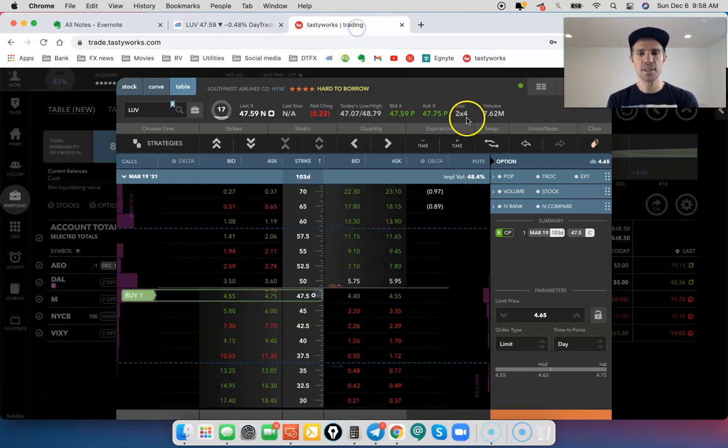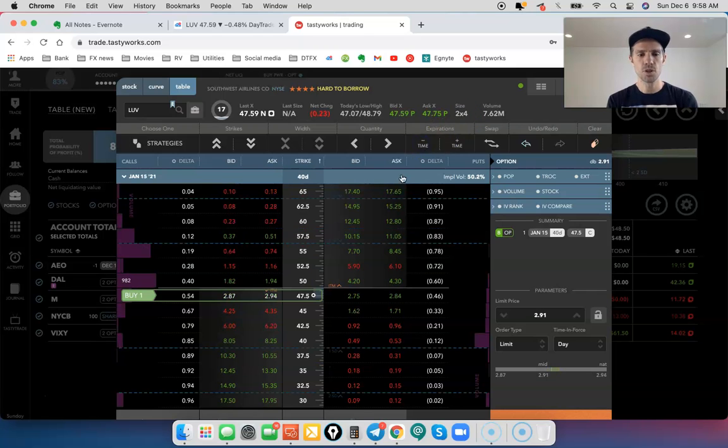Now, what a strike price is, is this right here. So here we are looking at Southwest Airlines. This is our strike price. When we buy a call option and the stock price is above the strike price, our option is considered a little more valuable. And this is where the intrinsic and extrinsic value comes into play. We'll talk more about that, but our option contract is gaining value, right?